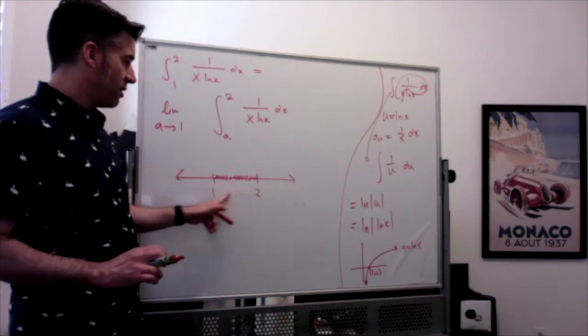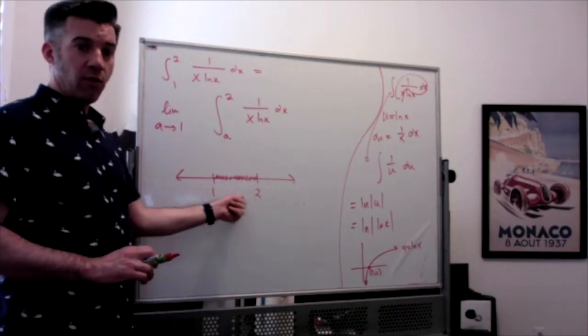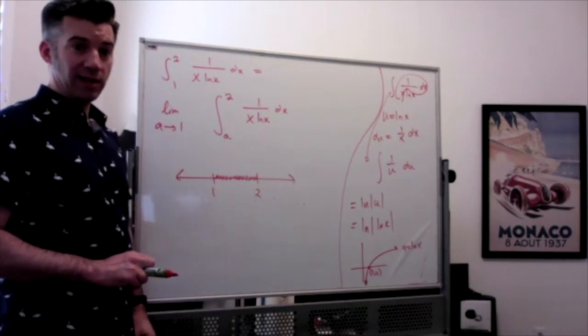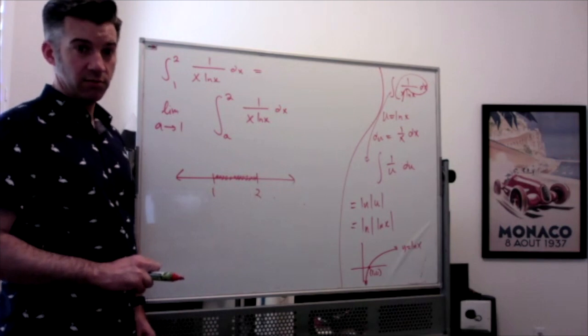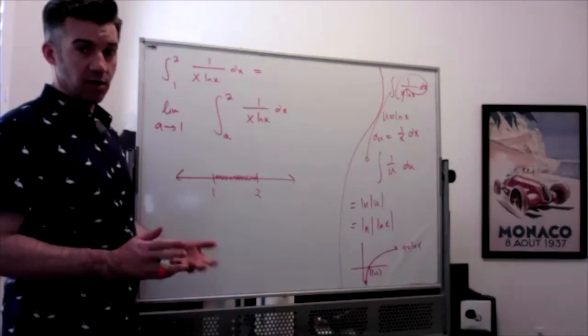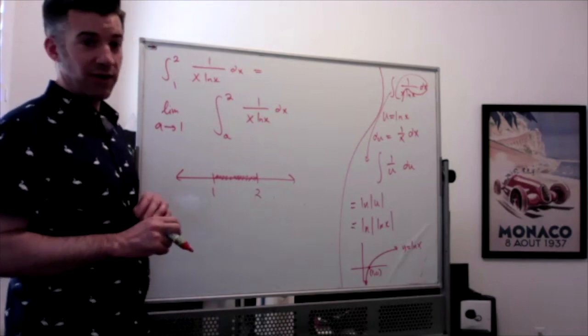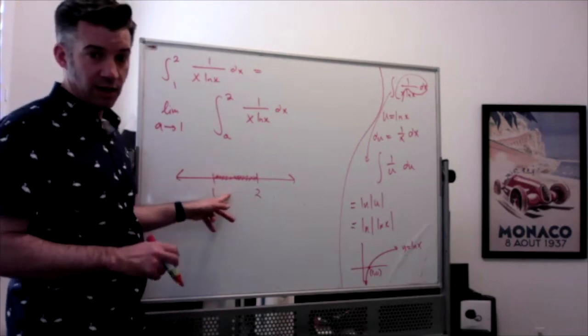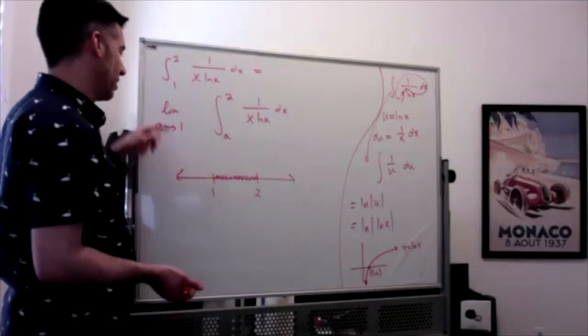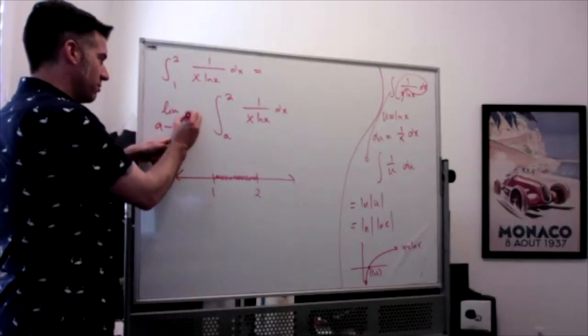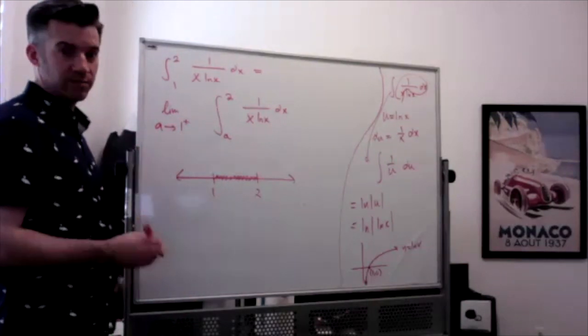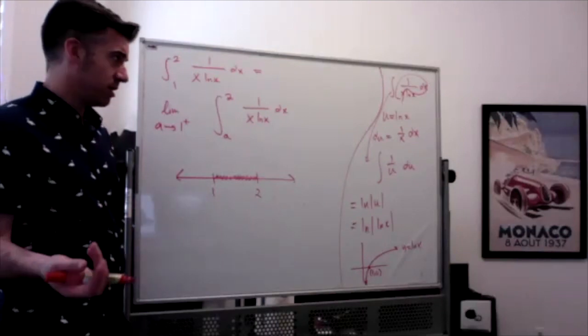So if we only live in here, what side of 1 are we on? Are we on the right side of 1 or the left side of 1? Give me an R or an L. We are definitely on the right side of 1, which means we should write the limit as a approaches 1 from the right. That's something most people will do.